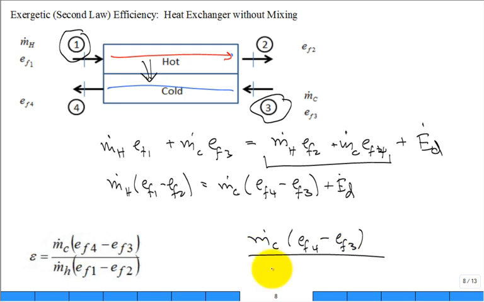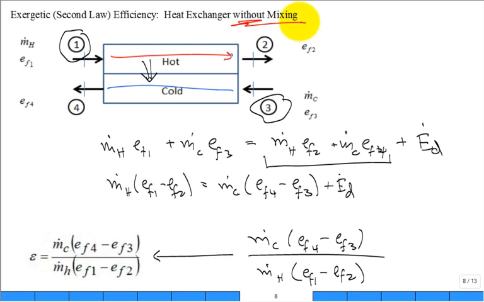It all comes out of the hot fluid stream. There it is. That's our second law efficiency for a heat exchanger. Without mixing. There's no mixing on this heat exchanger.